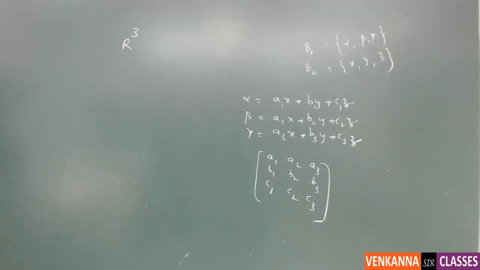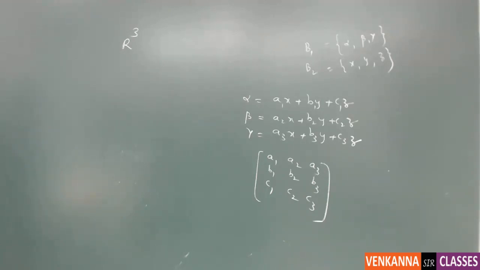But the values will vary, but the number of values are same. Now, using one basis, I am writing other basis elements as a linear combination. So I am writing alpha, beta, gamma, the elements in the first basis, as a linear combination using second basis.